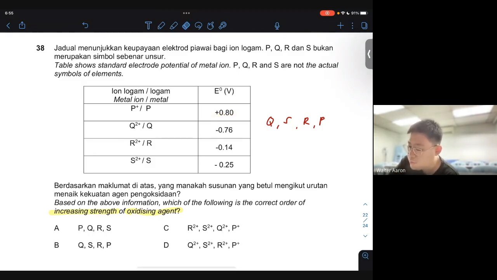Okay, so I want it to be clear that the more positive it is, the more likely it'll be an oxidizing agent. So for this particular example, we are referring to the ion, not the atom, because if you look into the standard electropotential table, you need to refer to the ion. So the best answer here with number 38 will be D.